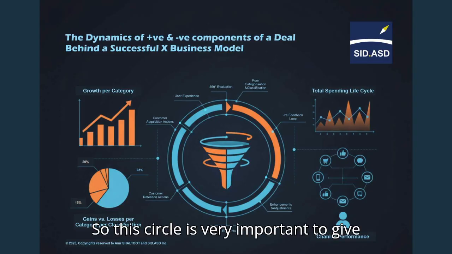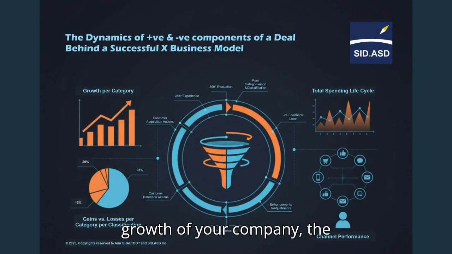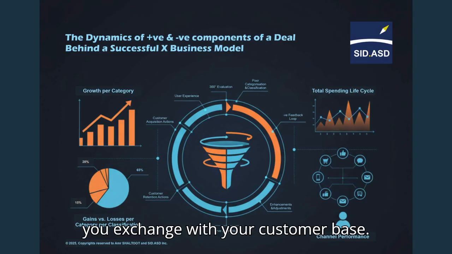So this circle is very important to give you the number of categories that are contributing to the growth of your company, the growth of your revenue, and the growth in trust in what you produce and what you exchange with your customer base.